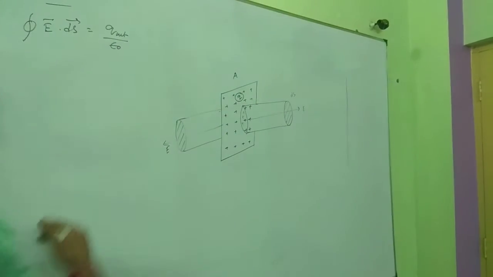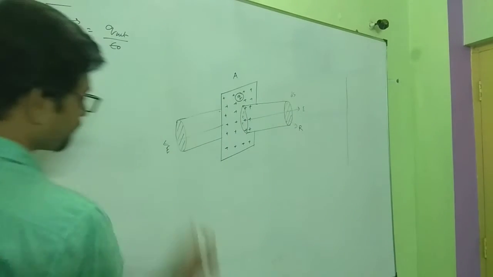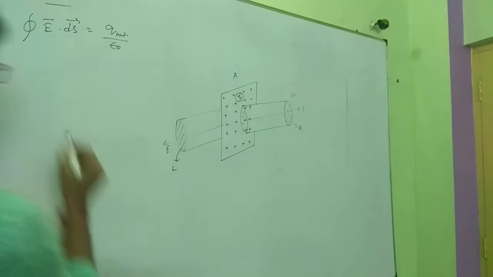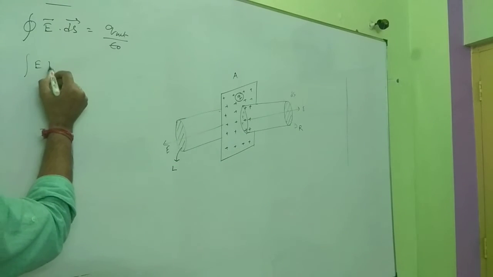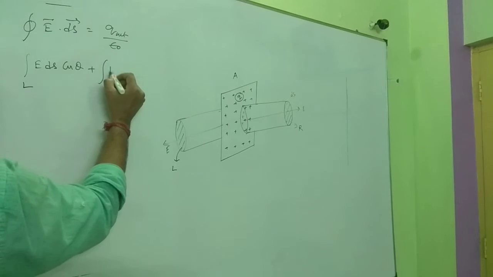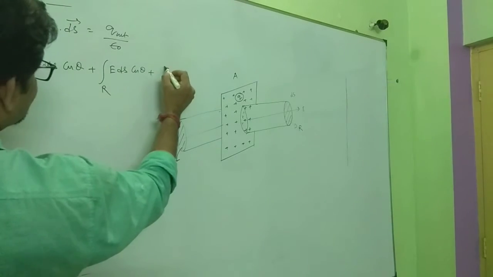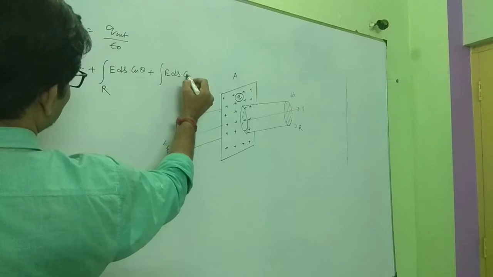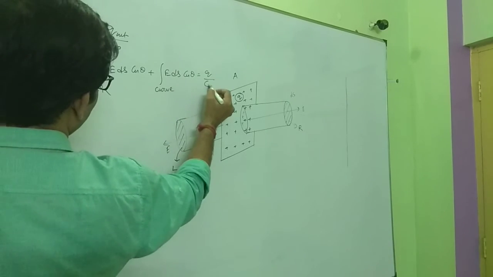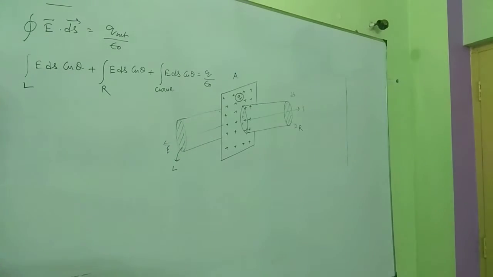Let this be the left surface, this the right surface, and this the curved surface. So you can write integration E ds cos theta left plus integration E ds cos theta right plus integration of E ds cos theta curved, that is equal to q by epsilon 0, because the net charge is q here.